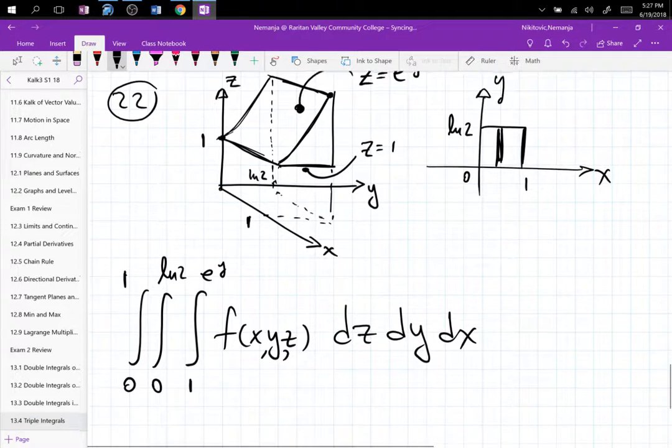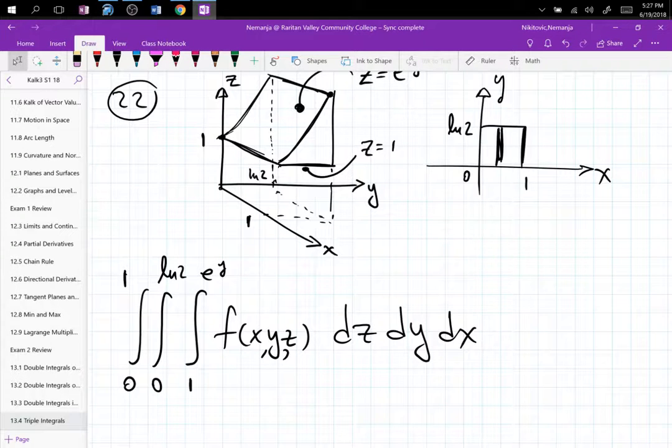Now you will be integrating the inner one, then the middle one, then the outer one, and you are done. So three Calculus 1 integrations, and you plug in and calculate the limits. That concludes that. Now we're going to switch to cylindrical and spherical coordinates.